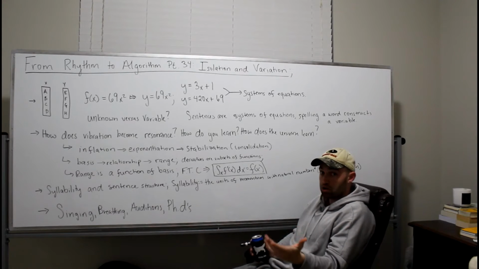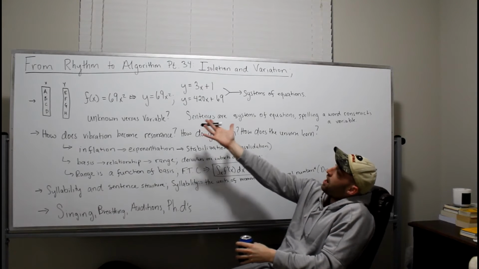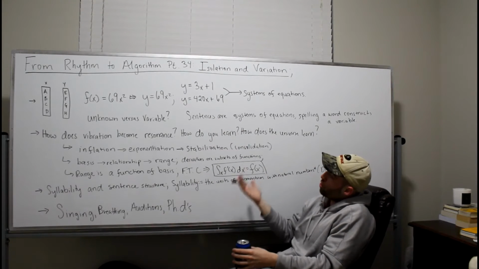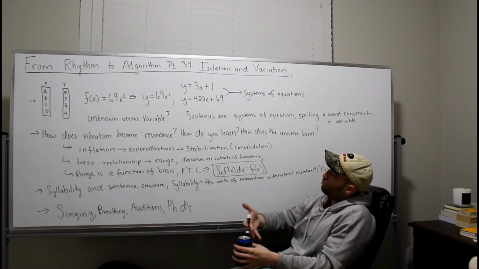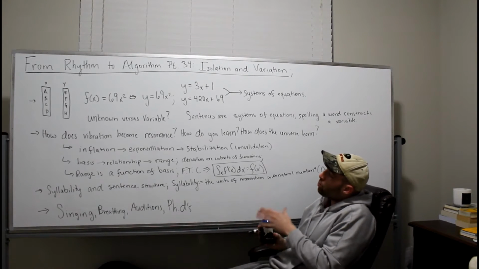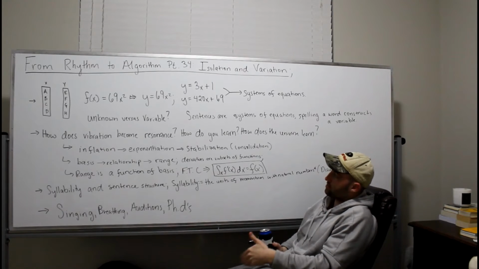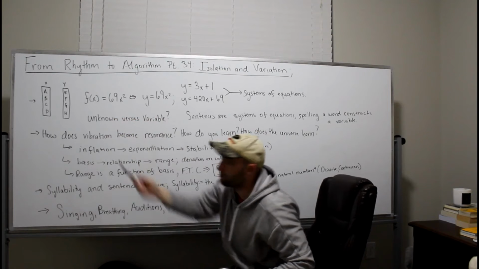Well, spelling a word constructs a variable. But what I mean is, in f of x, y and x are both unknown, but are they variables? x can change, but y only changes as a function of x. So I would not call y, f of x, a variable. I would even say that's why you go from y to f of x.